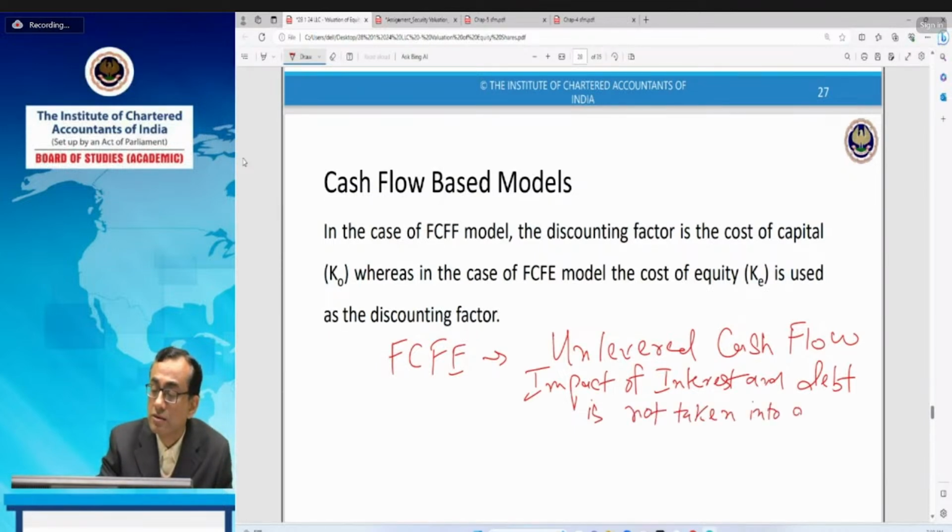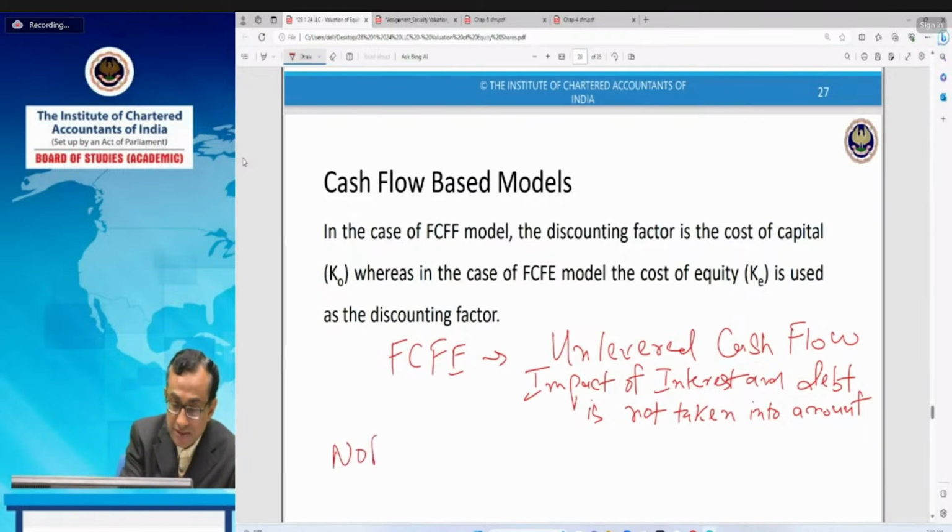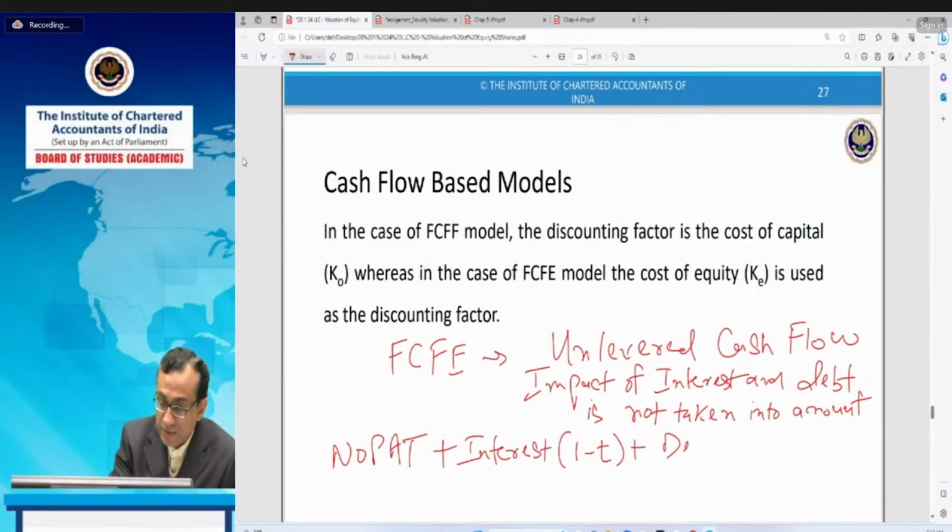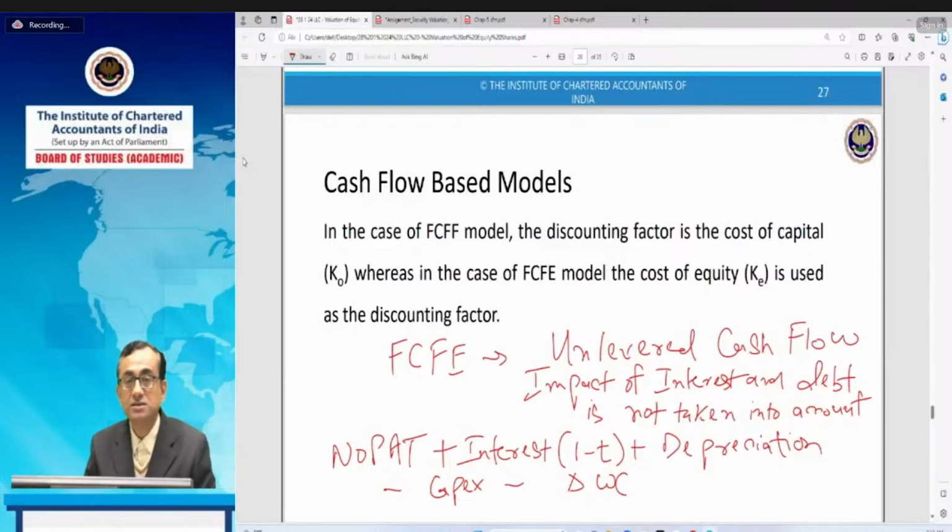Therefore, the formula, I have mentioned it earlier also, that FCFF is calculated as NOPAT, that is net operating profit after tax, plus interest, tax effect is also taken, plus depreciation, minus capex, that is any capital expenditure, and minus any changes in working capital. So these cash outflows are deducted and any cash inflow is added.